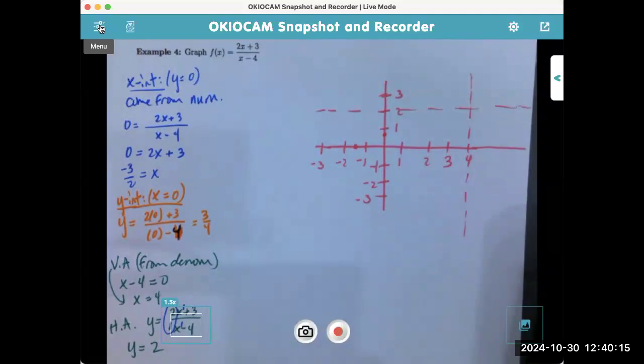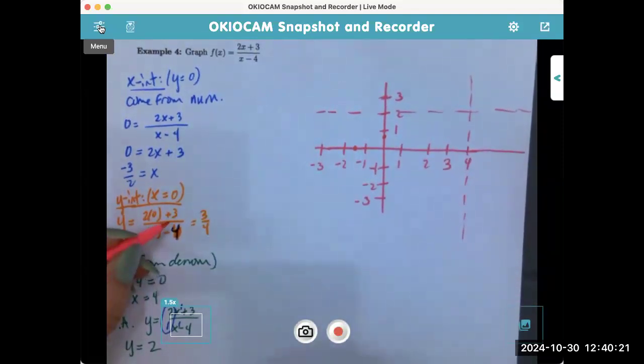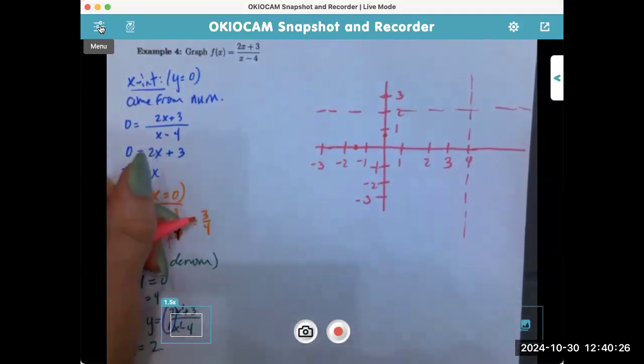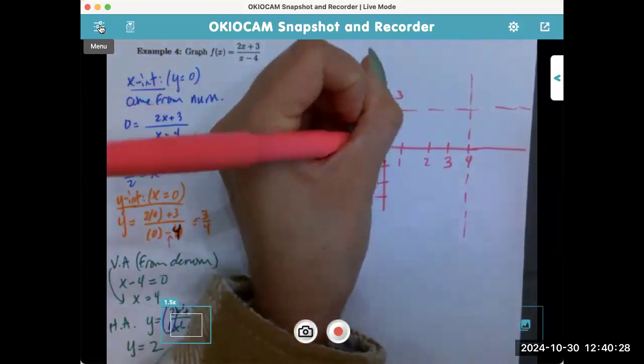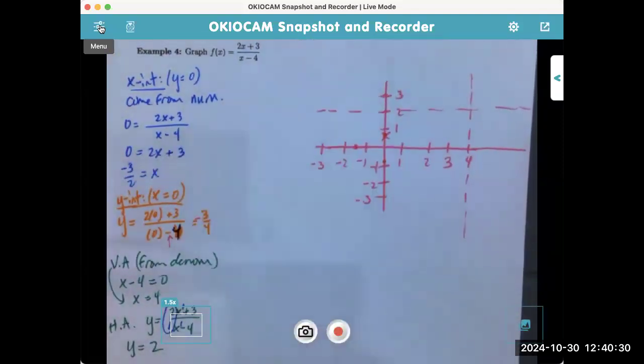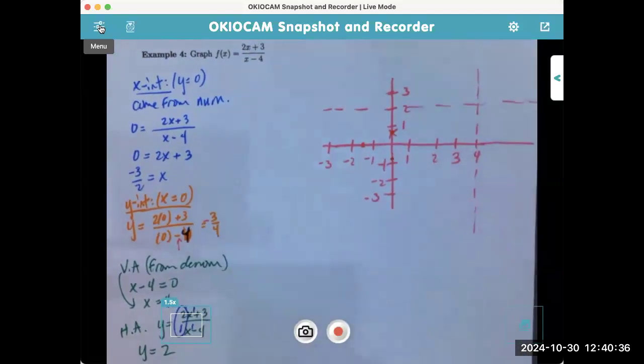My y-intercept. Oh, duh. Y'all were screaming at me this whole time. My y-intercept isn't positive 3/4. It's negative 3/4. No wonder. I'm so sorry. Again, this is why I hate videos. I'd rather be in person. All right, this makes more sense.